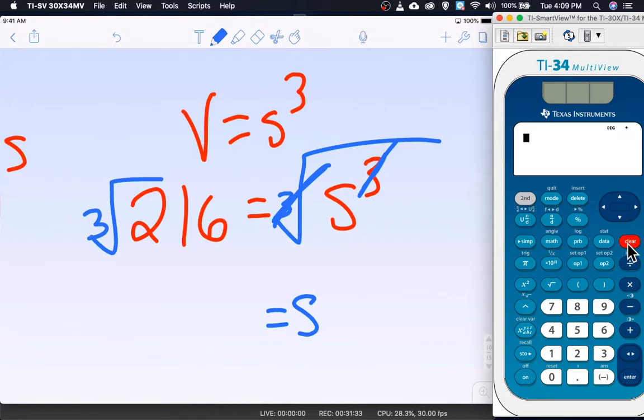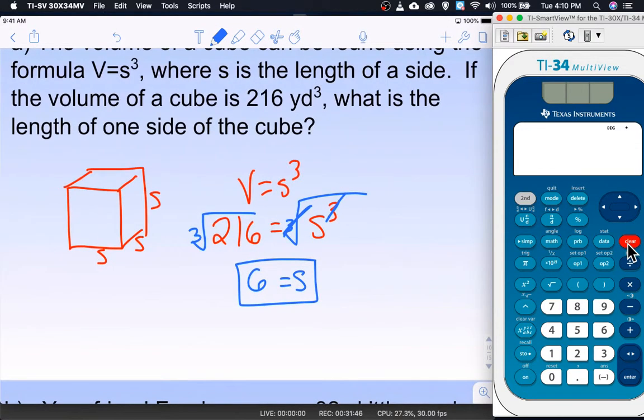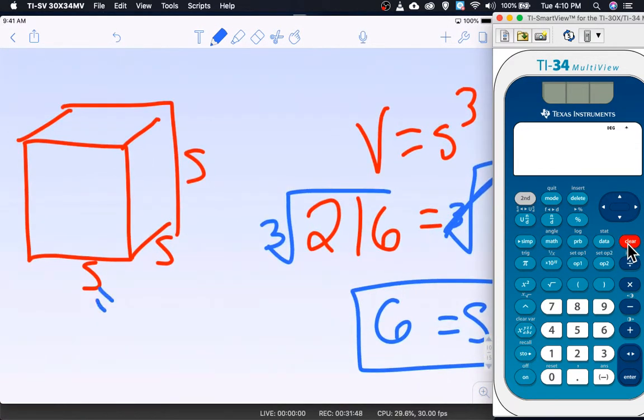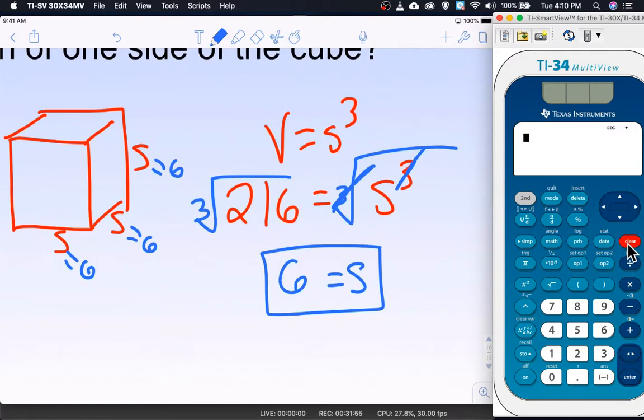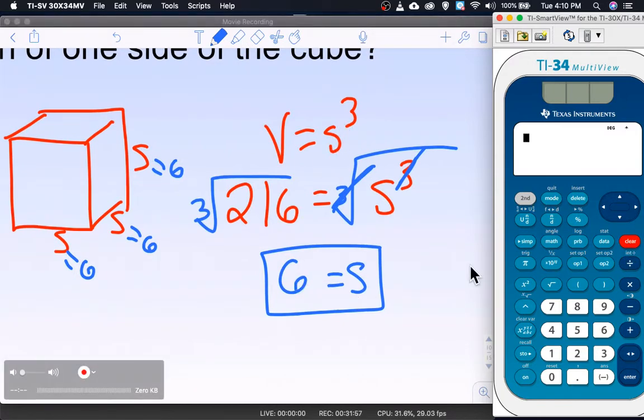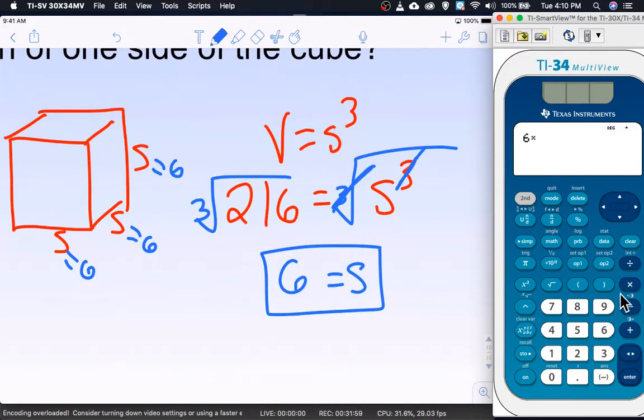When we cube root on the other side, because you always do everything to both sides of an equal sign, the cube root of 216, looking at your chart up above, is 6. Each side of this cube is 6. And I can prove that by taking my answer that I got, 6, and plugging it in. 6 times 6 times 6.